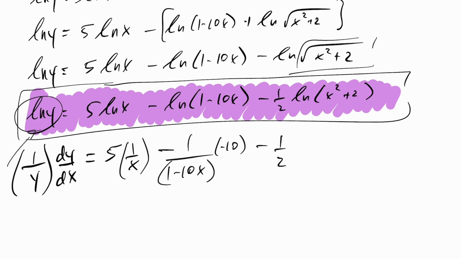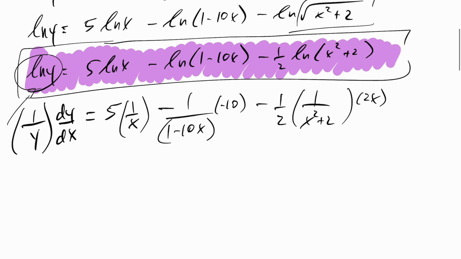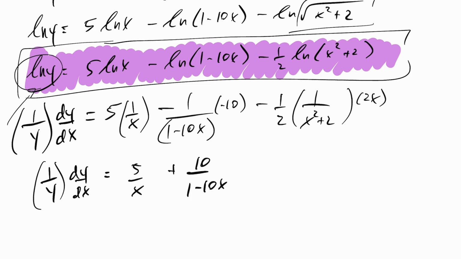Minus 1 half, and the derivative of this will be 1 over x squared plus 2, and again this is not just an x, it's an x squared plus 2, so by the chain rule you get 2x. So here I get 1 over y times dy dx is equal to 5 over x plus 10 over 1 minus 10x minus x over x squared plus 2.